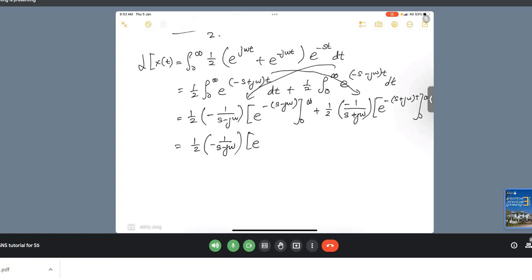Okay, whether s minus j omega. So you need to, okay, let me see. S minus j omega. So you get negative infinity.